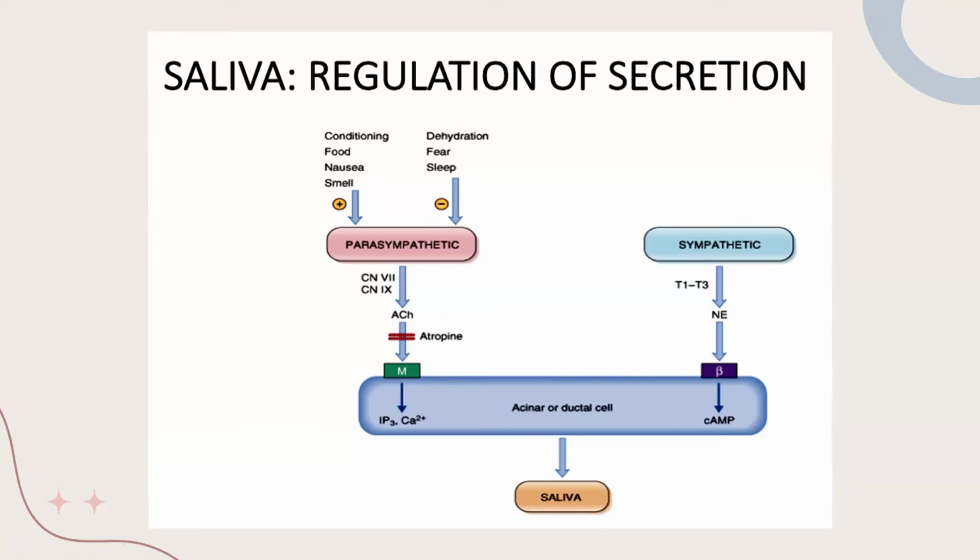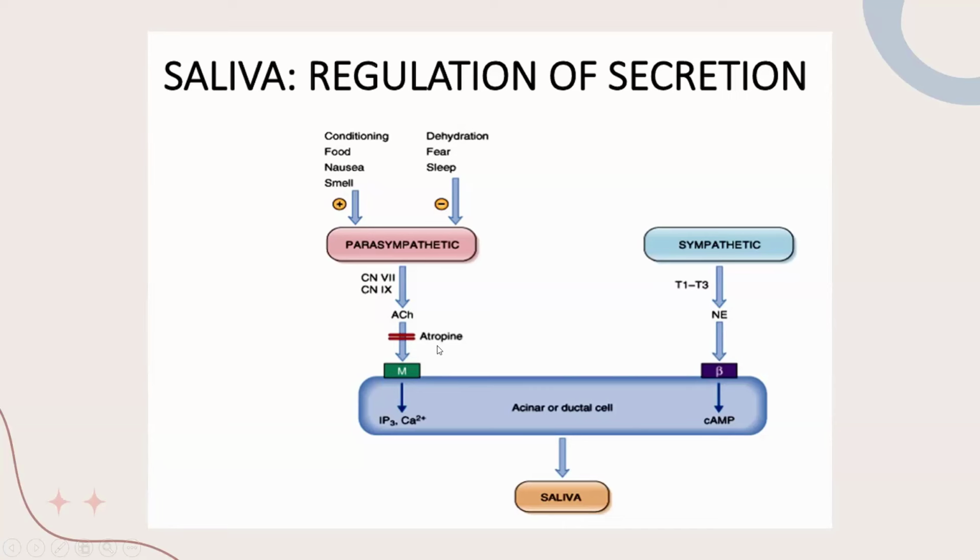And that's why dry mouth, which is xerostomia, can be drug related, because if someone is taking a drug like atropine, atropine will block the M receptor, which will cause less secretion of saliva. Now, what if someone is taking an anticholinergic? Anticholinergic, from its name, blocks the M choline receptor, just like atropine.